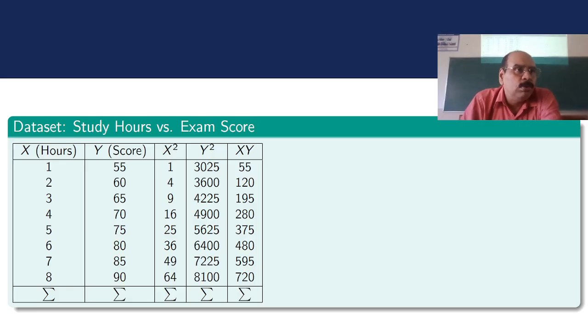So I've told you how to calculate, right? With the same example which I have taken before. X is the number of study hours, Y is your marks. So what is X square? I've calculated the X square in the table, right? You can put it down here: 1 square, 2 square, 3 square, and so on.